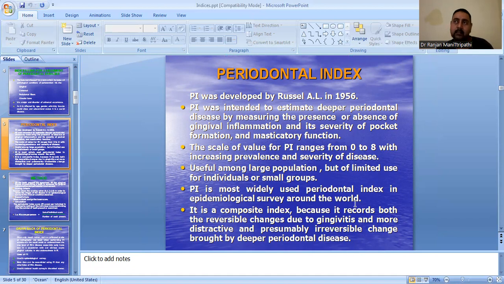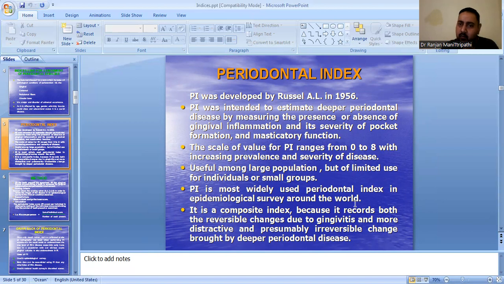So, Periodontal Index or PI. It was developed by Russell Hale in 1956. Periodontal Index was intended to estimate deeper periodontal disease by measuring the presence or absence of gingival inflammation and its severity, pocket formation and masticatory function.